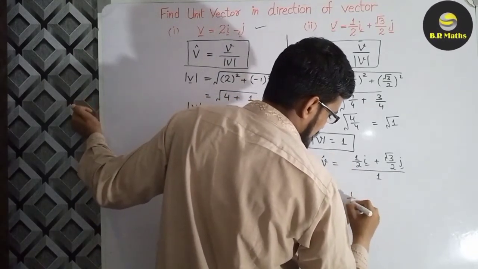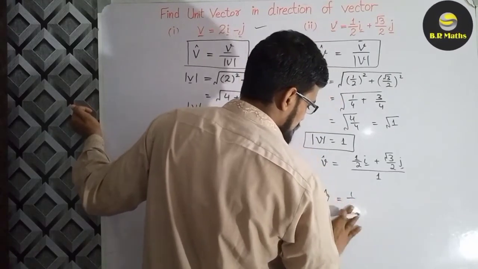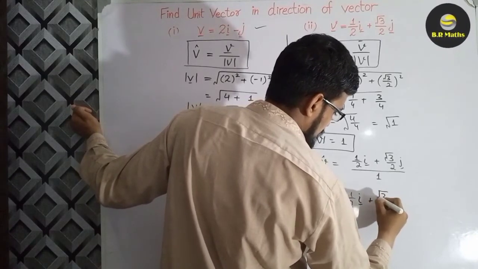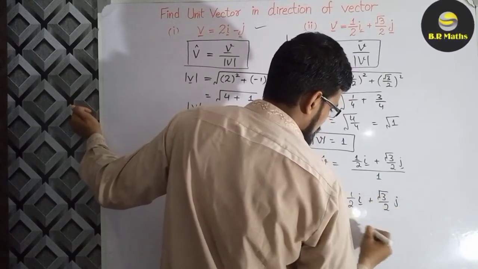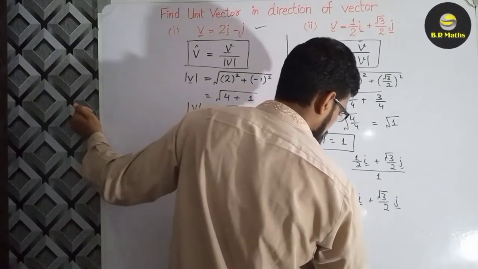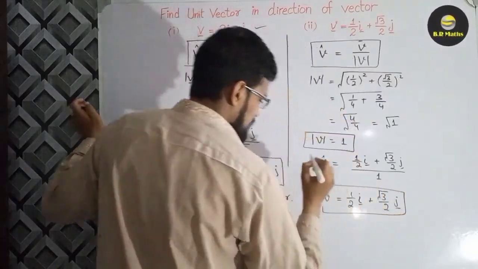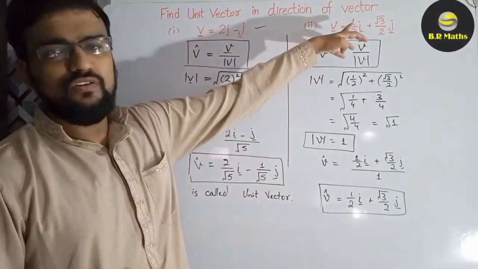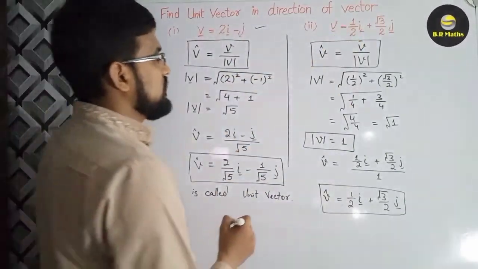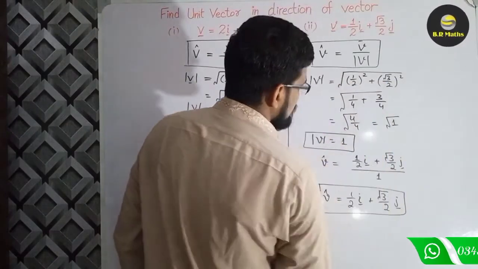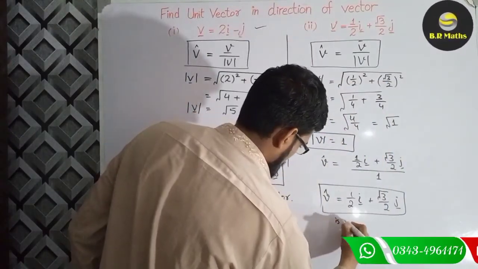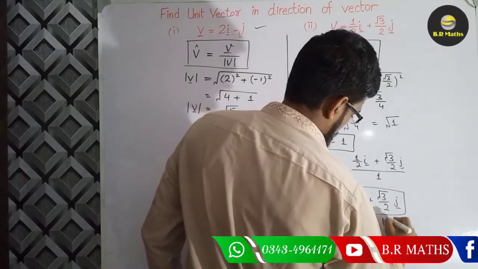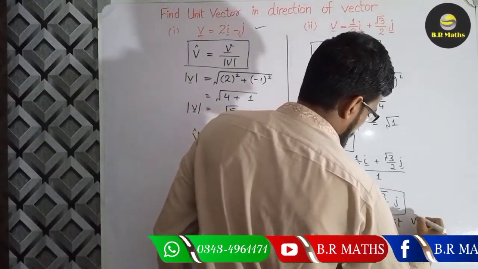And then the final result remains the same. This one. This is the unit vector in the direction of this given vector. Okay. This is the unit vector.